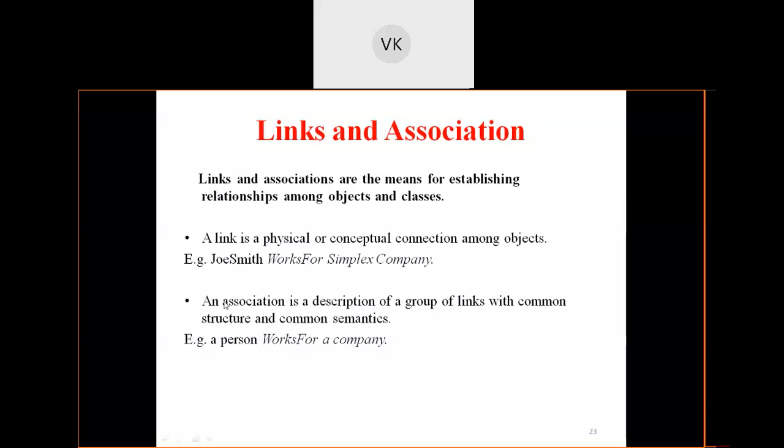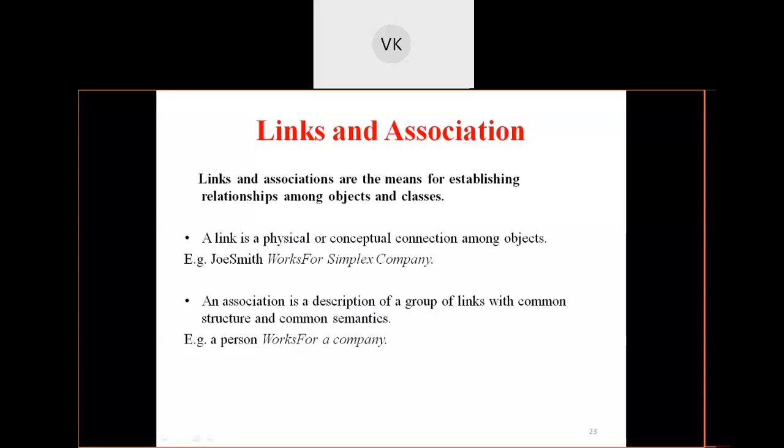Okay, here association is going to describe the relationship between the classes in general. Here you see a person works for one company. Person and company are the two classes. If you are making a connection between the person class and the company class, it is an association. It describes the general information about the relationship between the two classes.